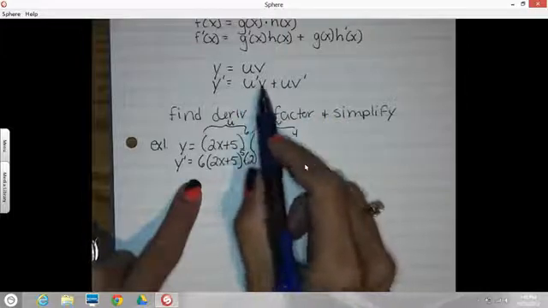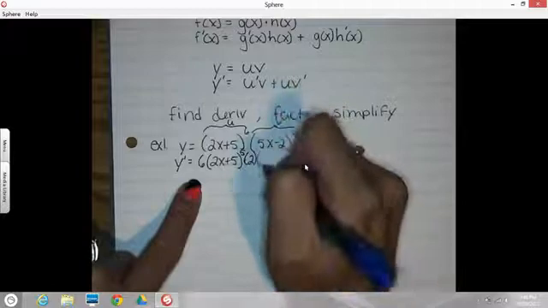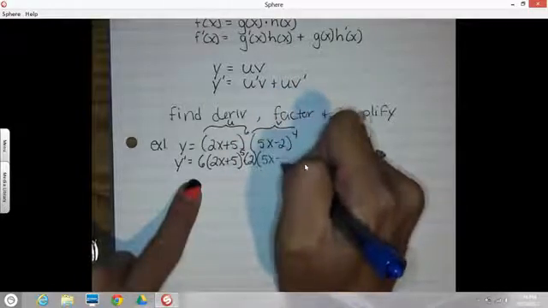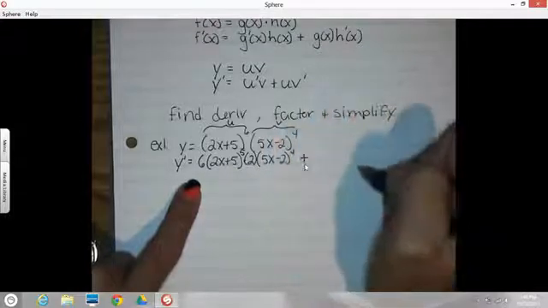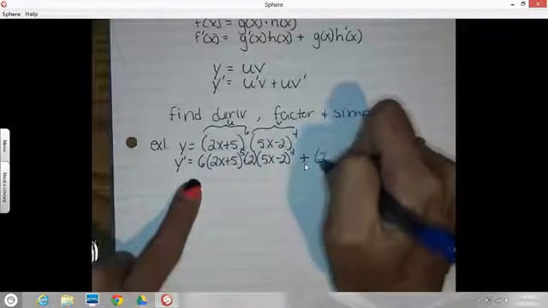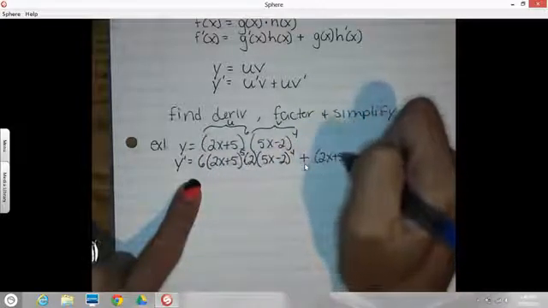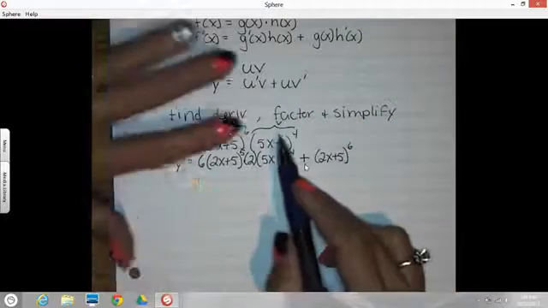I have to multiply that by the v. I'm going to keep this exactly as it is. The quantity 5x minus 2 to the 4th. Plus, now I keep the u like it was originally, the quantity 2x plus 5 to the 6th. Now I've got to do v prime. So forget that this is even here.